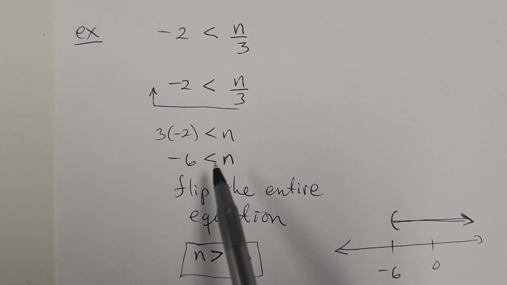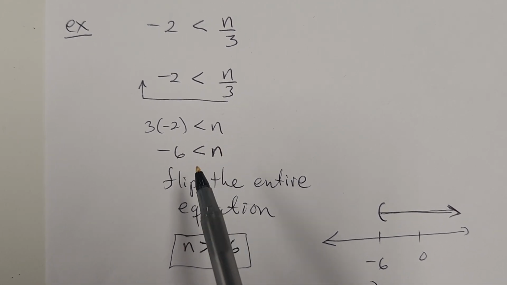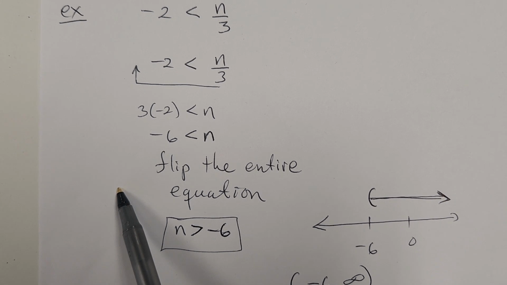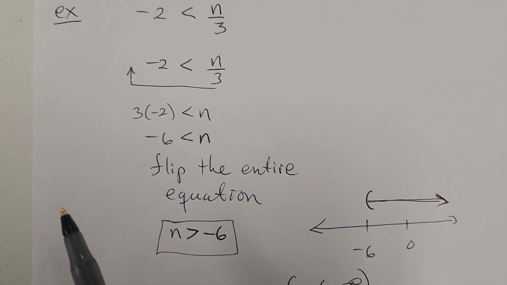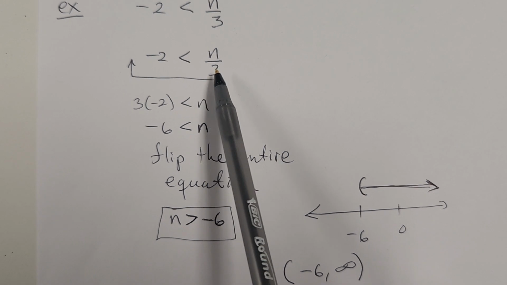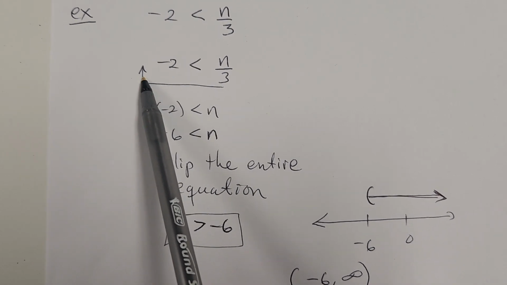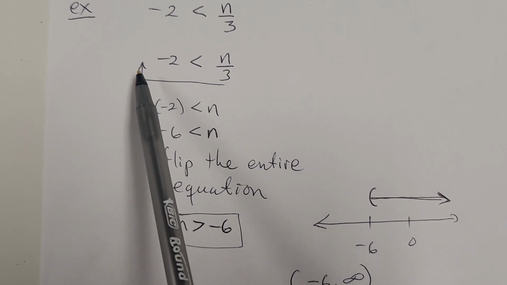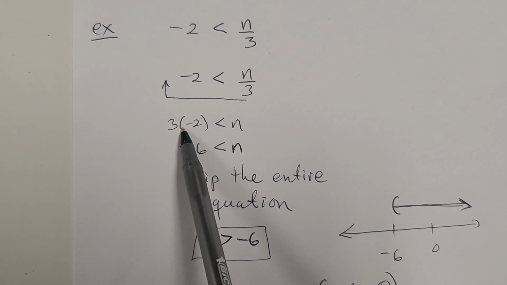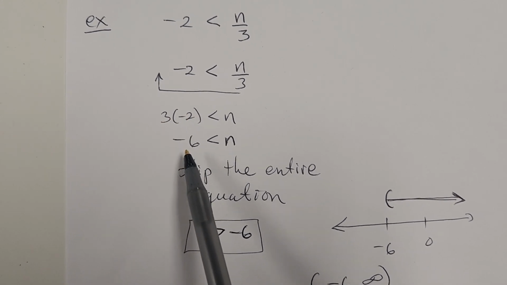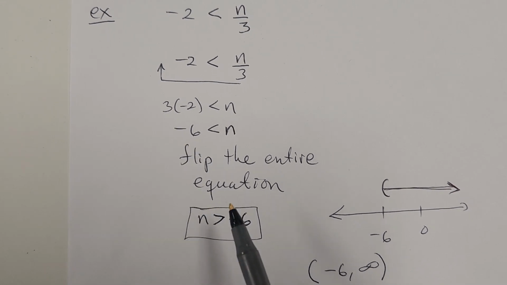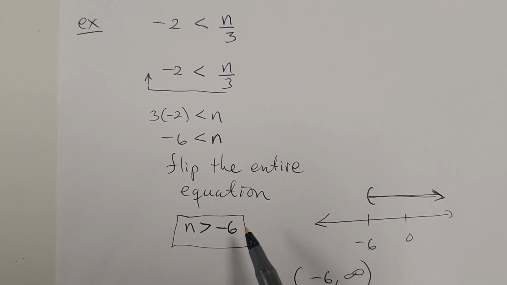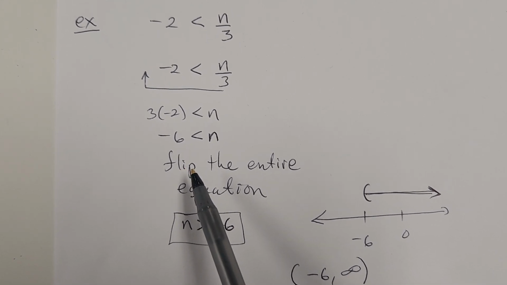However, in this situation, it is best that letters are on the left hand side and numbers on the right hand side because it's easier to understand and easier to read. So flip the whole thing over.